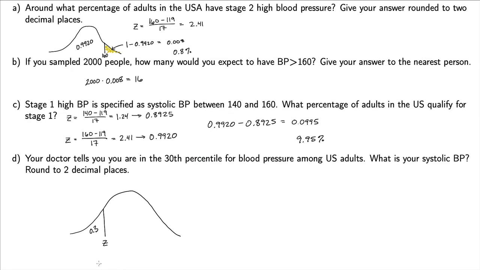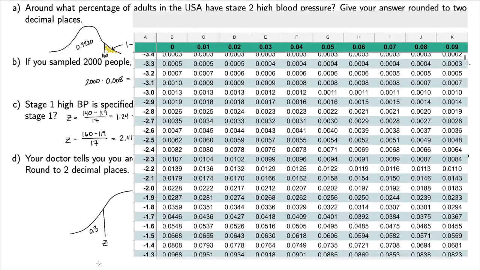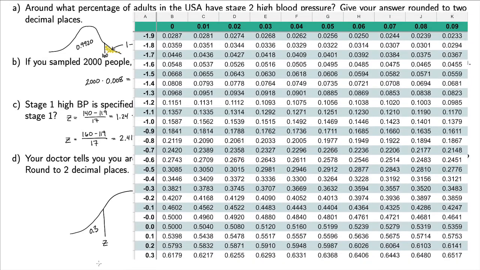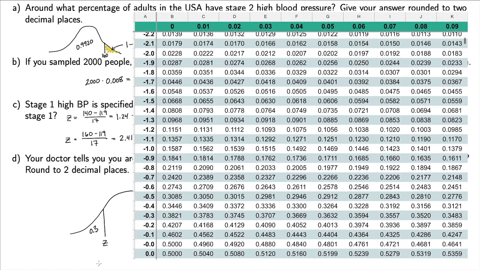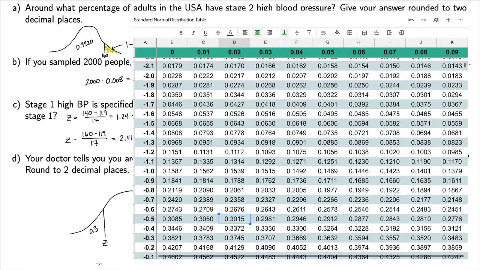We go to the table, and now we are looking at the values inside the body of the table. We're looking for something close to 0.3. I scroll down, and right around here, 0.3 is between these two numbers.